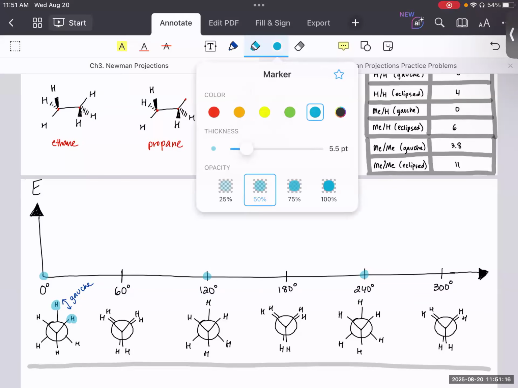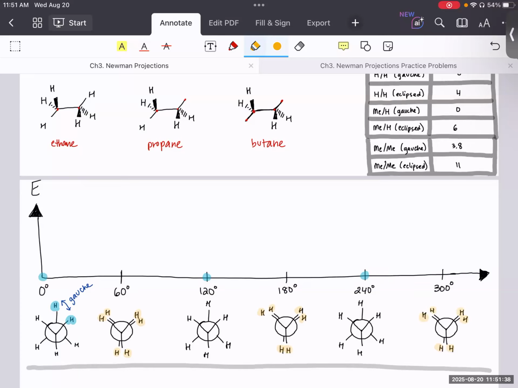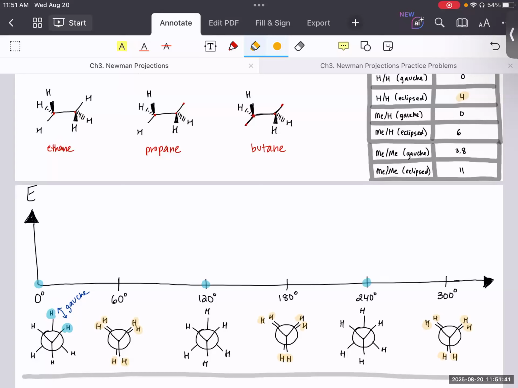Next, we can take a look at the eclipsed states. In these, we can see that we end up having multiple eclipsed interactions between the hydrogens. Each of these eclipsed states has 3 hydrogen-hydrogen eclipsed interactions, and each of those is going to contribute 4 based off of this table over here.